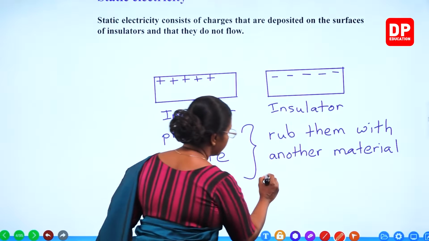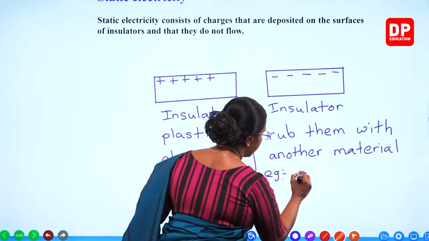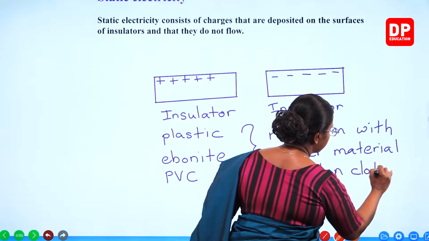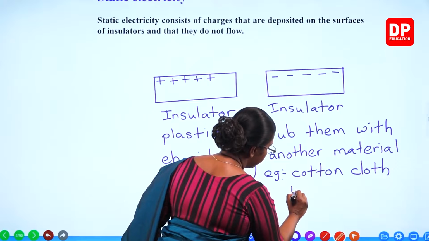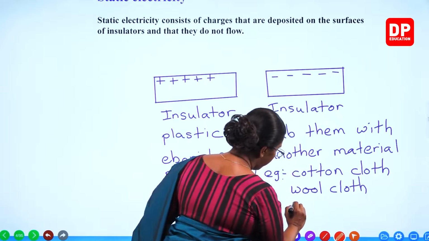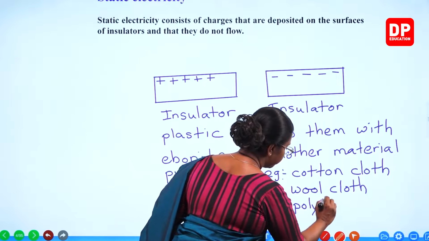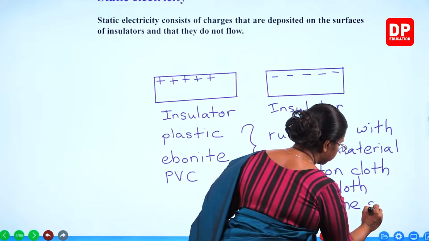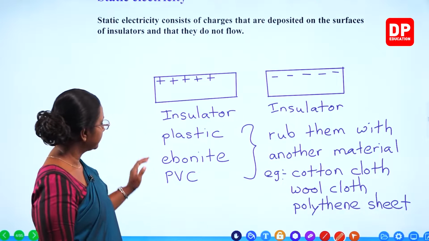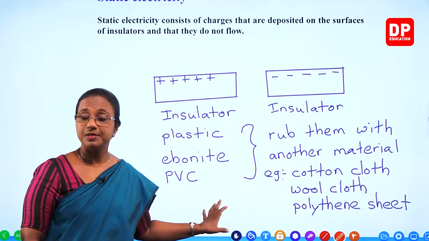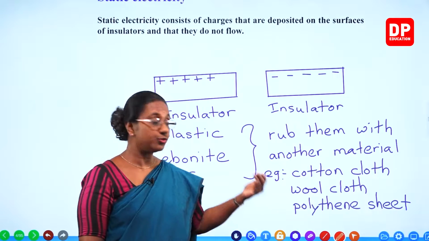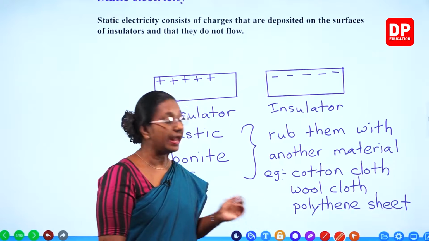So here are examples: cotton cloth, wool cloth, or polythene sheet. So plastic, ebonite, PVC are examples of insulators, and these are examples of materials that are used to rub them: cotton, wool and polythene.